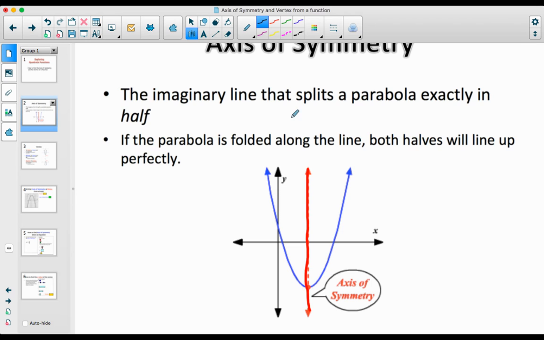And your axis of symmetry is always going to be x equals some number, because again, your axis of symmetry, this red line, is running right through your x-axis. So x equals some number is your axis of symmetry.